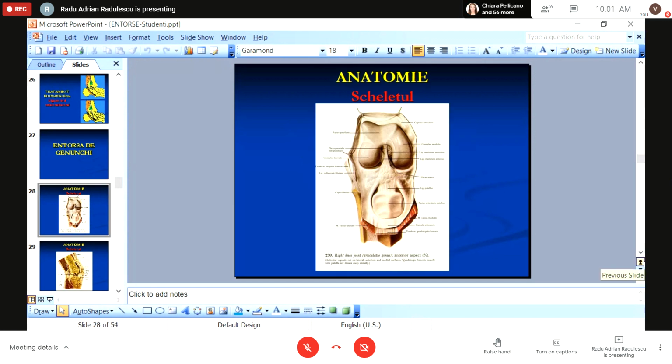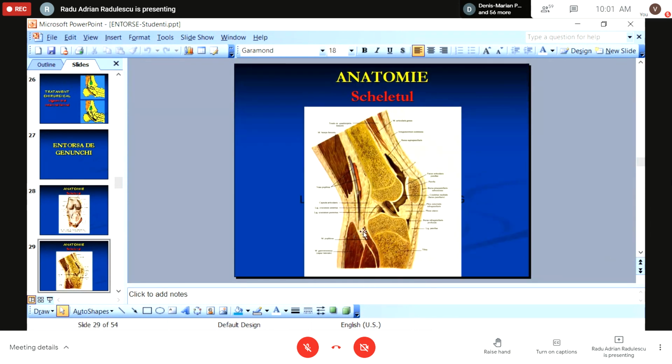Well, the knee is formed between the distal epiphysis of the femur, represented by the two femoral condyles, a medial one and a lateral one, and the proximal extremity of the tibia, which is called the tibial plateau. The tibial plateau, at its turn, has a medial part and a lateral part.